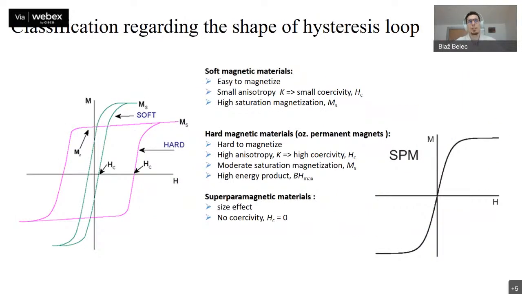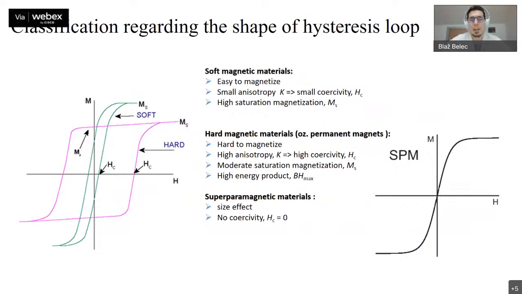We also classify this pair of ferromagnetic materials according to the shape of the hysteresis loop. So we know soft magnetic, hard magnetic materials, and superparamagnetic materials. So soft magnetic materials are those that are easy to magnetize.